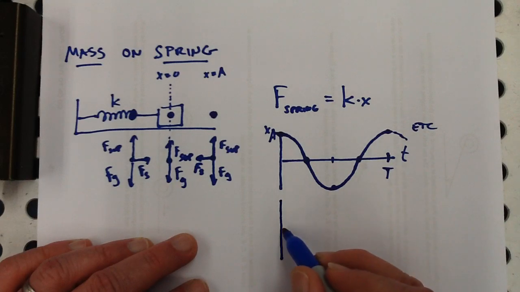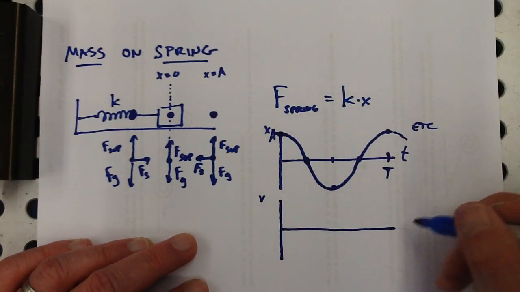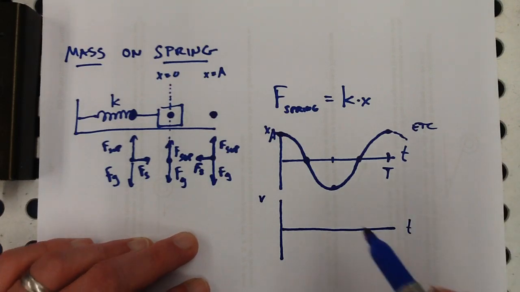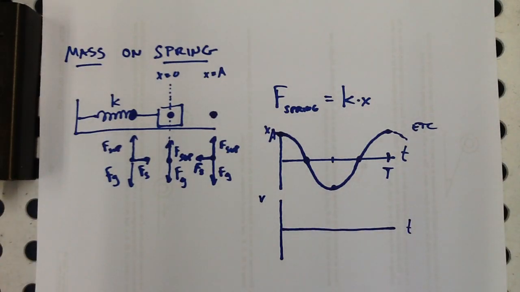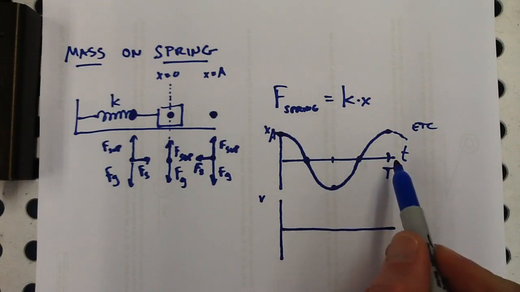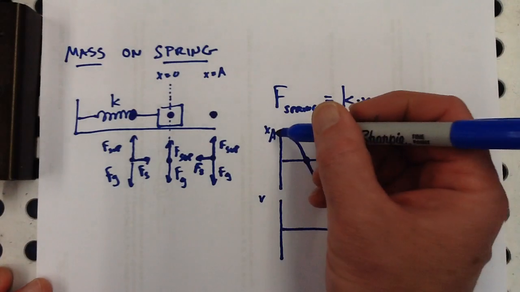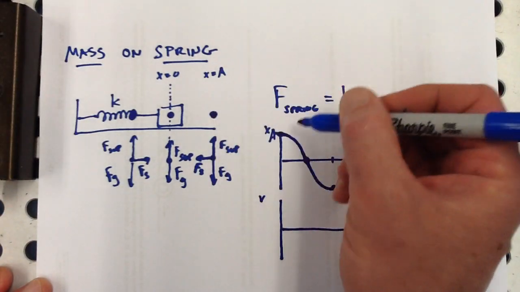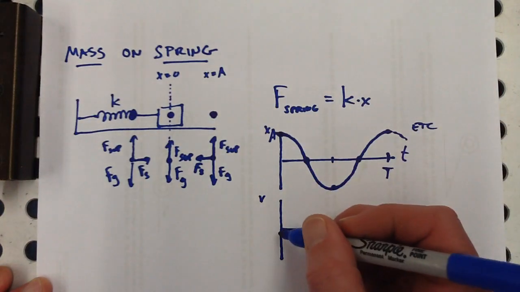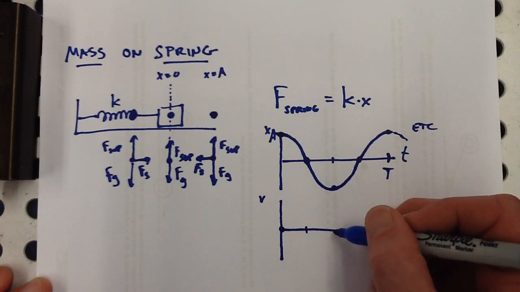What would the velocity look like as a function of time? Well, we don't want to get too deep into calculus concepts, but we do know that the slope of position versus time is velocity. And you can see these points where it's turning around, like right at the very instant here, that's where we're letting it go. Well, that's going to have a velocity of 0 there.